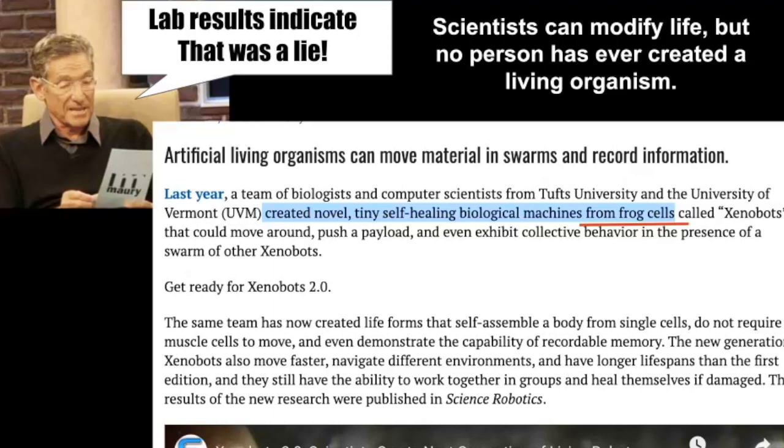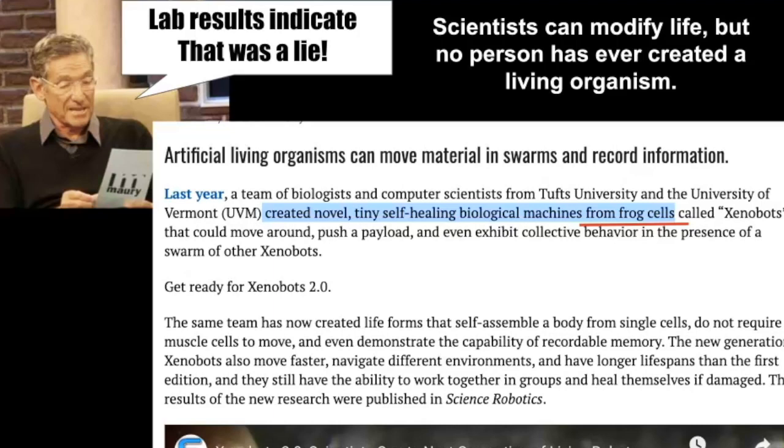In this case, it says they created novel, tiny self-healing biological machines from frog cells. In other words, they literally just snipped away at a frog cell and made it do something different than its designed function. And so now you have scientists taking credit for creating these living robots when they aren't creating anything.